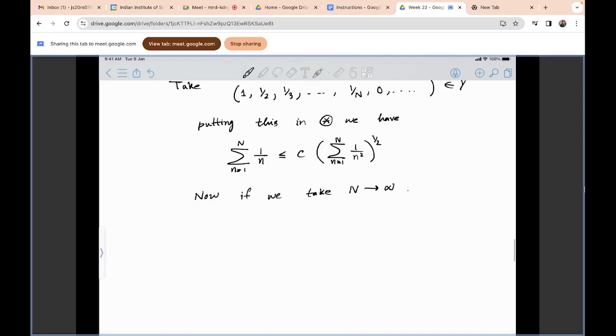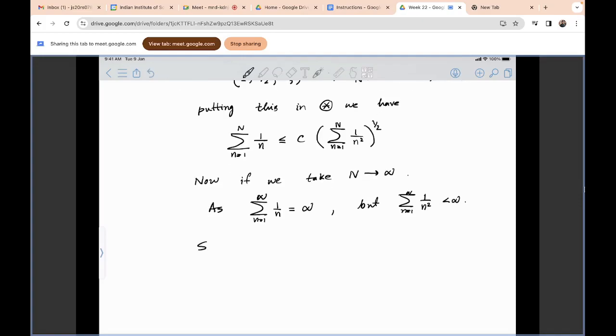The left hand side, the summation n equals 1 to infinity of 1/n, diverges, but the summation n equals 1 to infinity of 1/n squared converges. So the star inequality cannot hold.